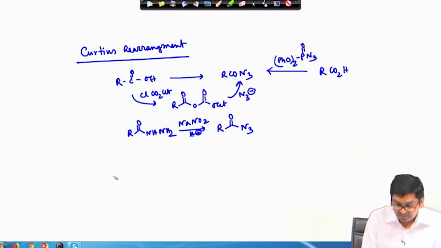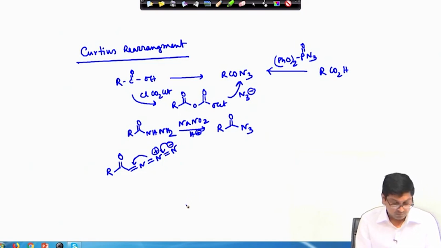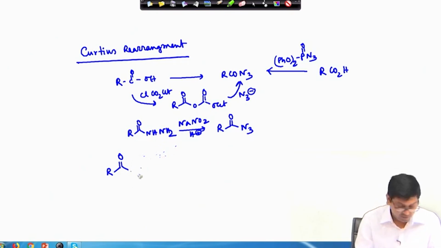Now, this is a nice precursor to generate the desired isocyanate intermediate in this way. You can draw it in this way.